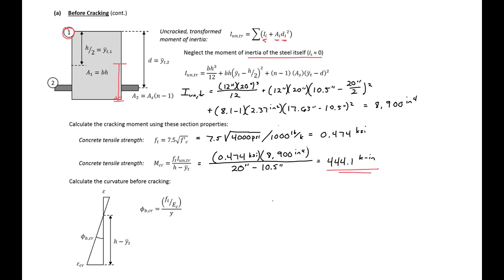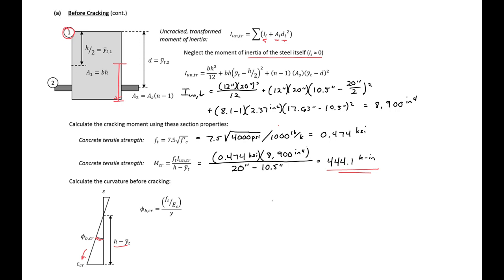We can then also find the curvature at this point immediately before cracking. And we're going to use our strain diagram, and the curvature is just the slope of our strain diagram, and use some of our known values. So we know the strain at the bottom, and we know the distance from the centroid to the bottom fiber.